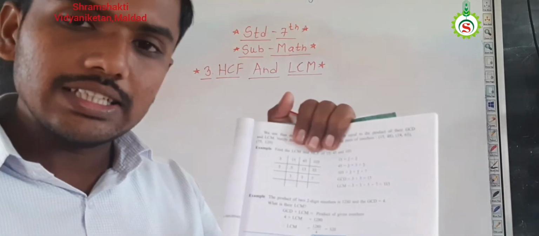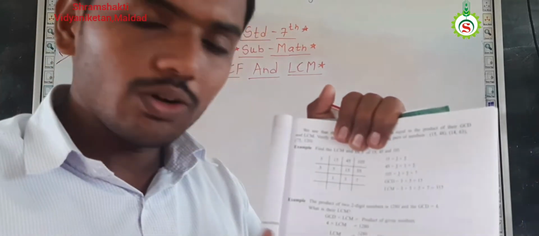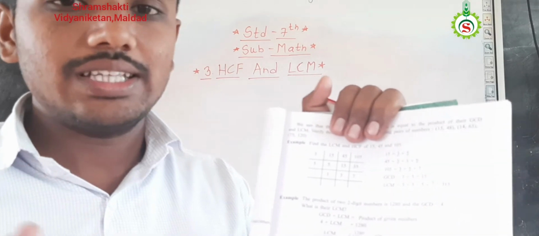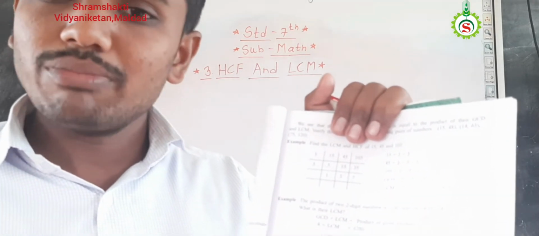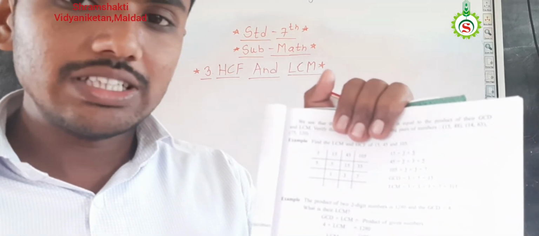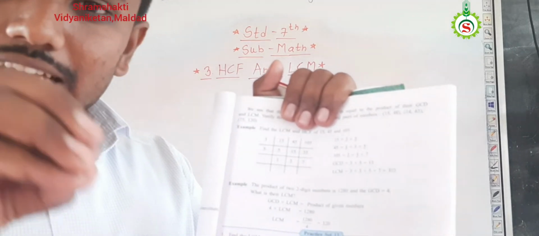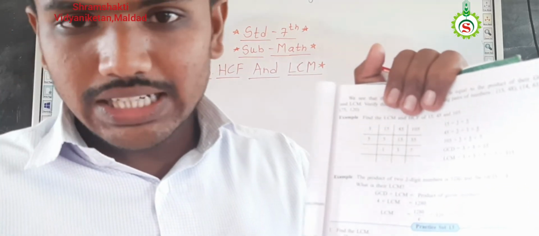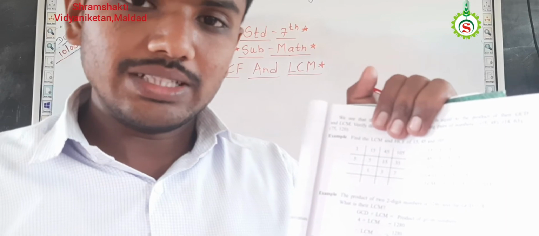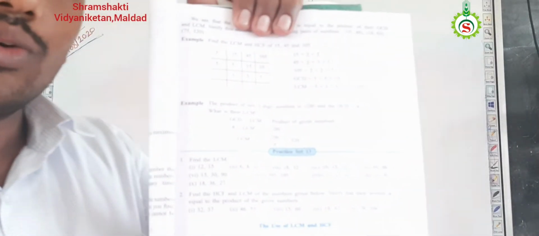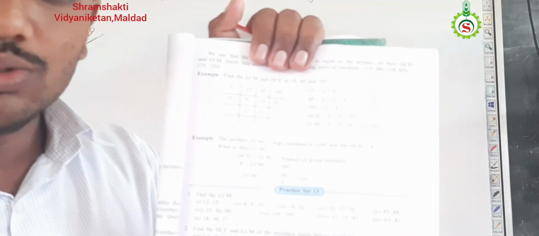For finding the HCF, you can use any method because they don't mention any particular method. That means you can find the HCF by factorization or by division. For finding the LCM, you can use horizontal arrangement or vertical arrangement. You can use any methods.